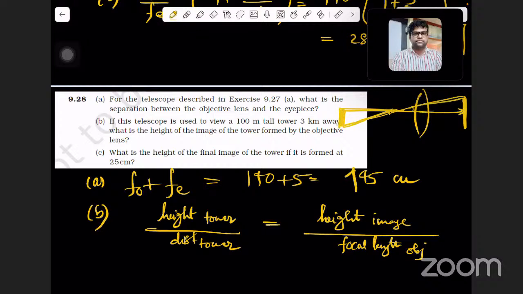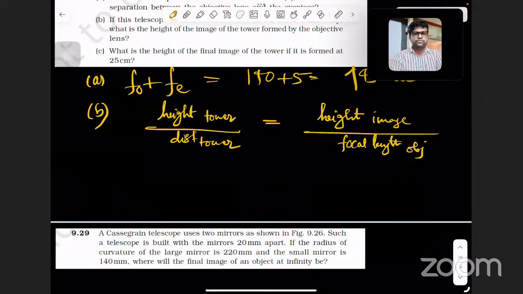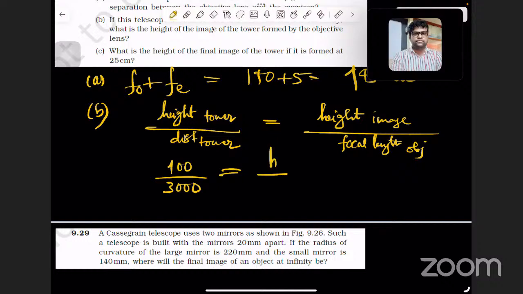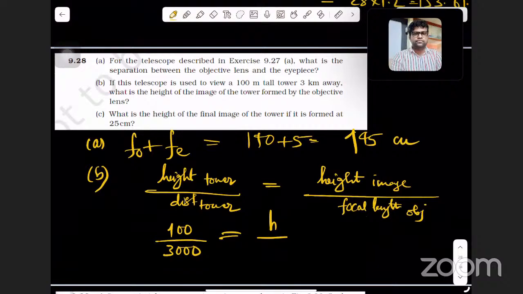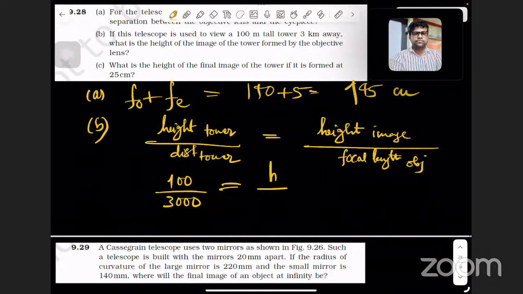This thing is formed at the focus. So this length by this length should be equal to this length by this length, right? Just a normal similar triangle case. Okay. So the height of the tower is 100 meters, the distance is 3000 meters or 3 kilometers. We need to find this h, and the focal length of the objective is given as 140.